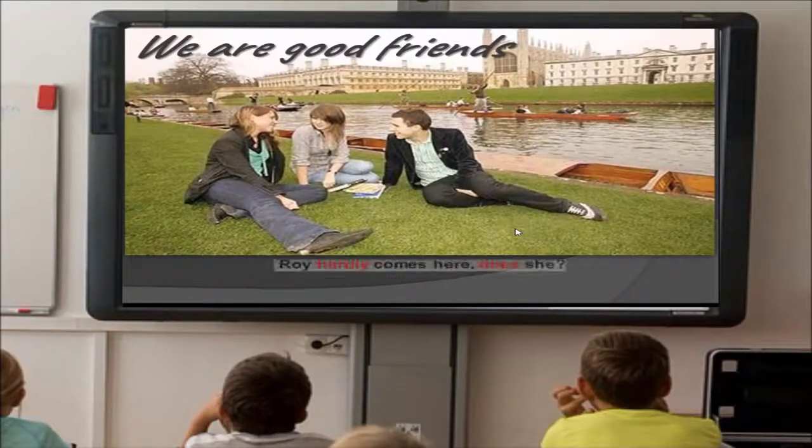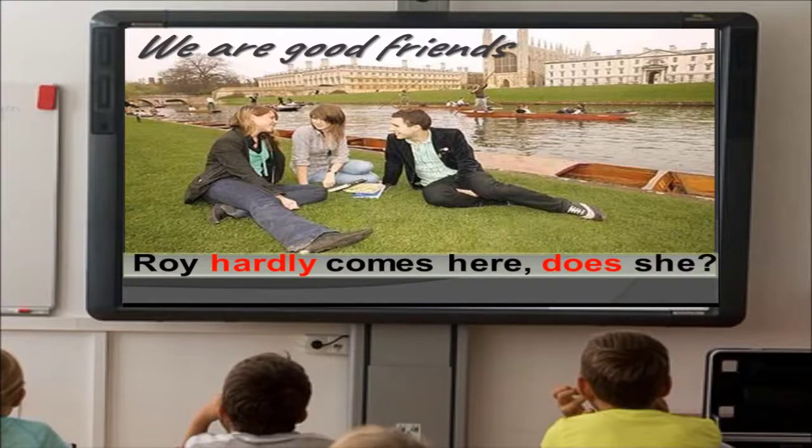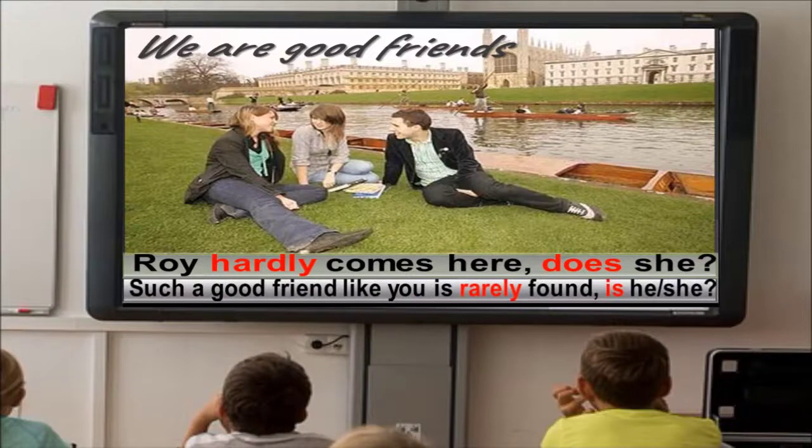We are good friends. Rai hardly comes here, does she? Such a good friend like you is rarely found. Is he or she? Try to understand. Rai here is feminine gender, so we use she in place of Rai. And does is used because s or es is added with the main verb come.